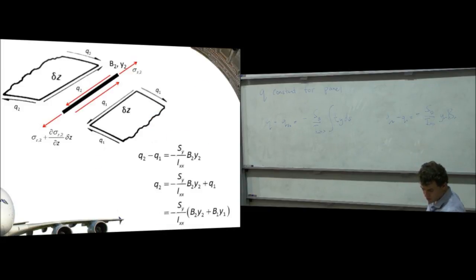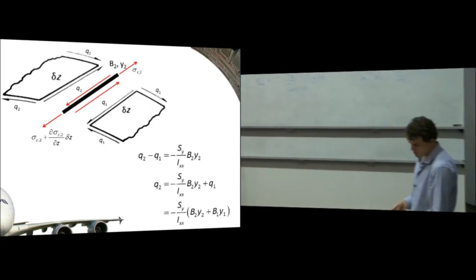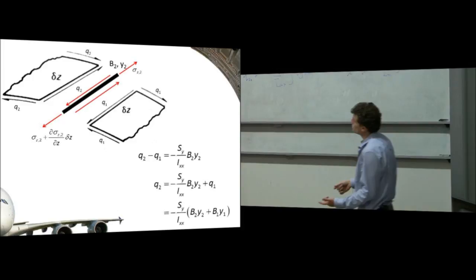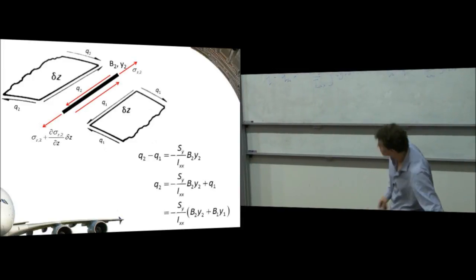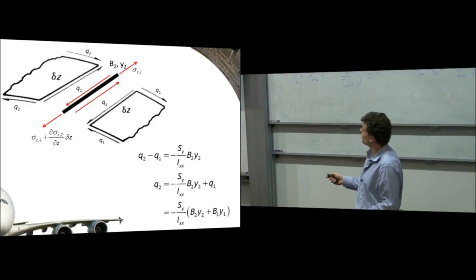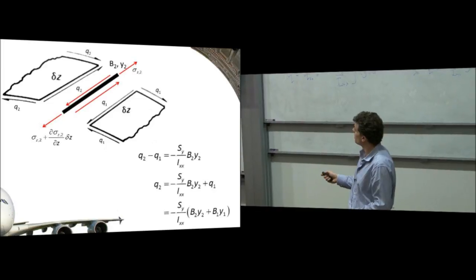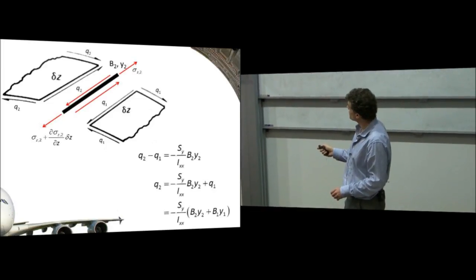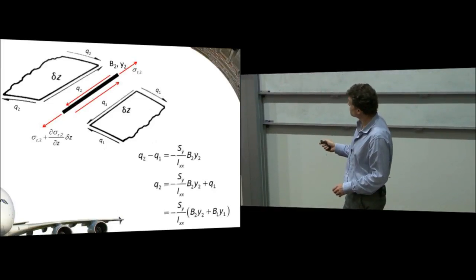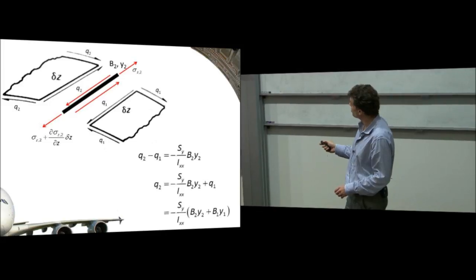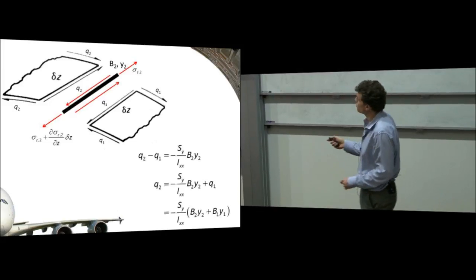Now if we go from q1 to q2, we have to cross another boom. So if we go from q1 to q2, we end up with q2 minus q1. And in this case, it's the area and the position of boom 2 instead of the area and position of boom 1.